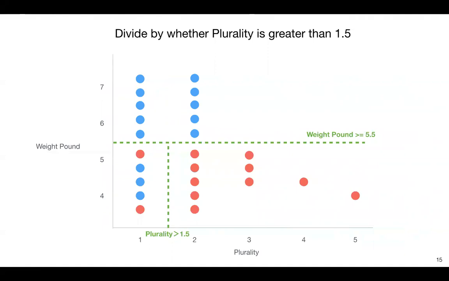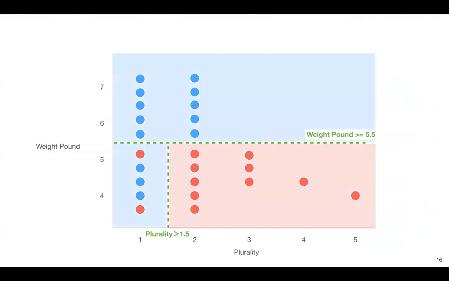So now we created 3 different groups, and 2 of them seem to be easy to predict because all of them are either premature or mature. Okay, so we can create these groups, and then based on the majority of each group, we can color it. So we basically have 2 blue groups and 1 red group, right?